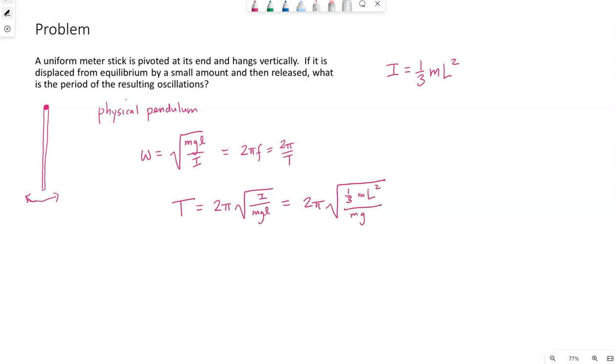The l in here, this l is not the total length. This is the distance from the pivot to the center of mass.